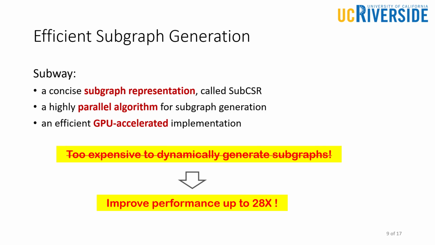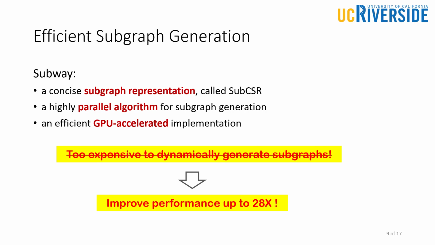These include a concise subgraph representation called sub-CSR, a highly parallel subgraph generation algorithm, and a GPU-accelerated implementation. With these techniques, we make the overhead of subgraph generation significantly less than the benefits of reduced data transfer. As a consequence, instead of paying extra cost, the subgraph generation is able to bring significant performance benefits.